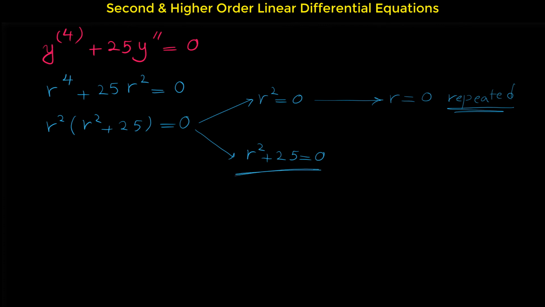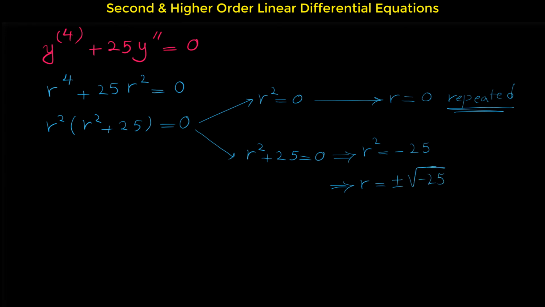From this equation, if we want to find r, we only have to move 25 to the other side, and then we can take a square root. Or you can use the quadratic formula. But because this equation is really simple, we can move 25 to the other side. We have negative 25, and then if we take a square root, r is plus minus the square root of negative 25.